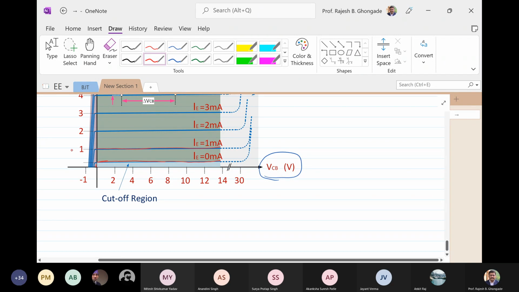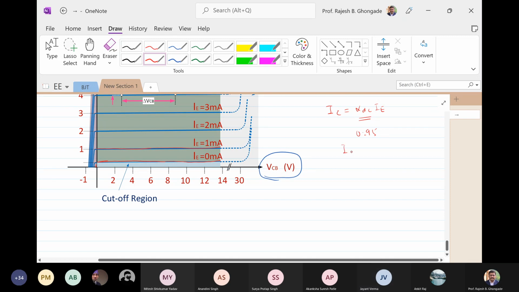Okay, and numerically you'll see that it is equal to IE, and nothing great here, because neglecting ICBO, what we have said is that IC is alpha DC into IE, and alpha DC we said it is about 0.95, no? Yes, sir.